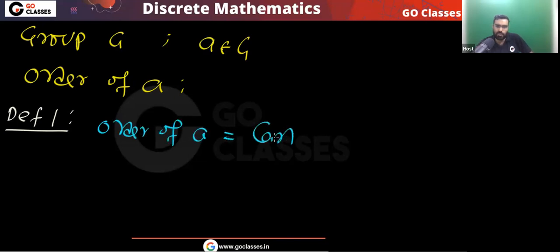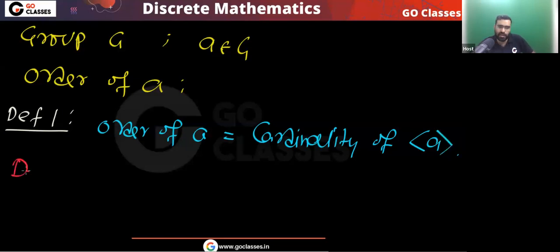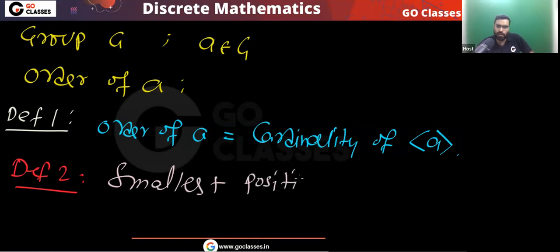Then there are two definitions. Definition one: you can find the subgroup generated by A and its cardinality. So the order of A is equal to the cardinality of the subgroup generated by A. The other definition is the smallest positive integer n such that A power n is equal to the identity element.